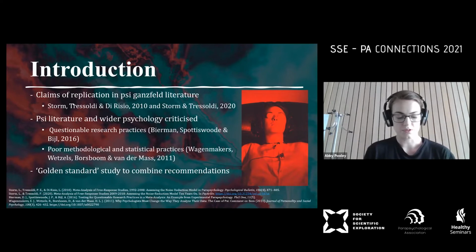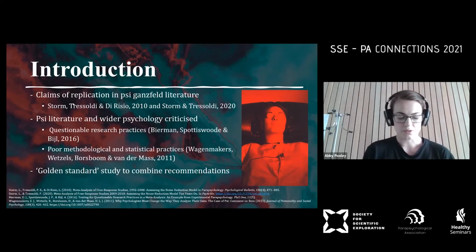The Ganzfeld literature consistently shows overall success, greater than chance, as mentioned by Caroline, especially when we use selected participants, so those who are creative, believe in Psi or have past experiences of Psi events and practice a mental discipline such as yoga, and the studies that follow standard protocol are most likely to have overall success. This was found by Storm and colleagues in 2010, and most recently they found a similar effect in 2020.